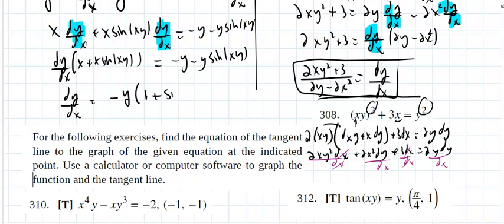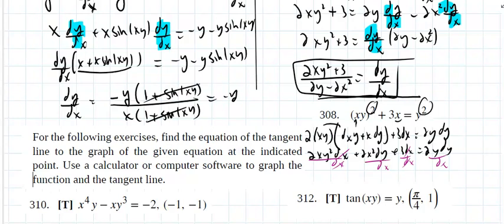That'll be 1 plus the sine of xy. And I could factor an x out at the bottom. That'll be 1 plus sine of xy. And I notice that those cancel out, and I'm left with simply negative y over x. Sometimes they cancel out, sometimes they don't. You should simplify all the way.